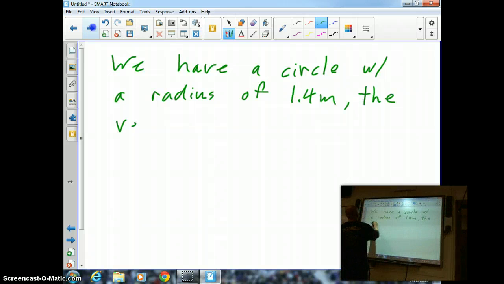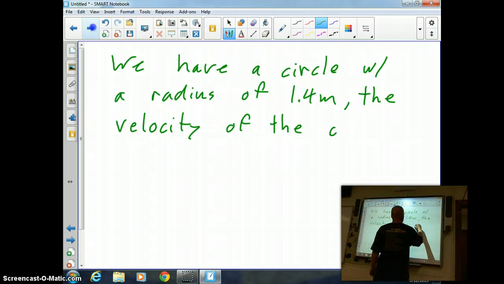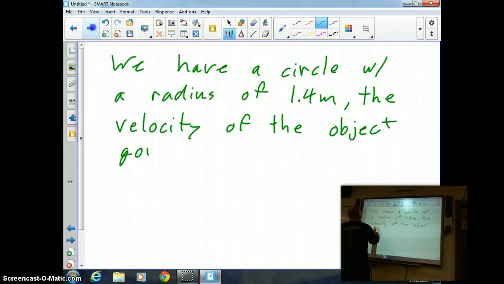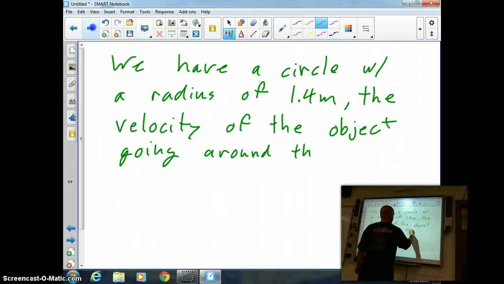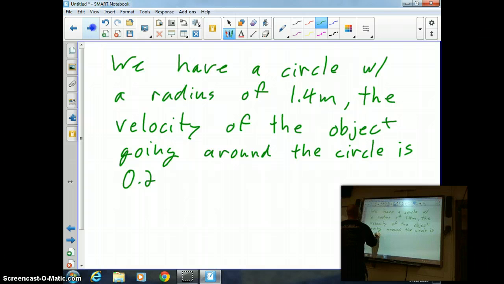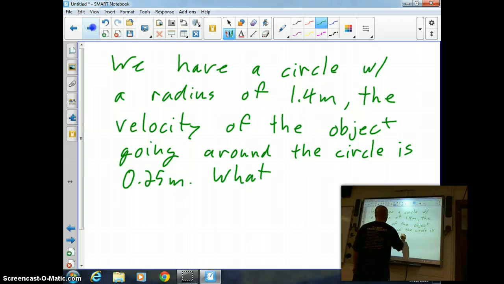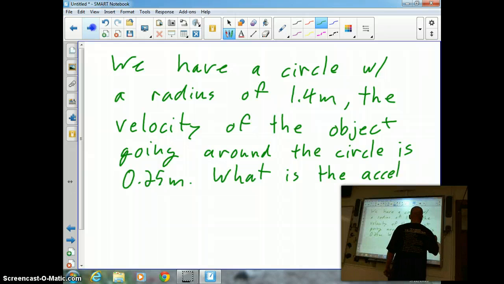The velocity of the object, let's keep it simple, going around the circle is 0.25 meters per second. What is the acceleration?